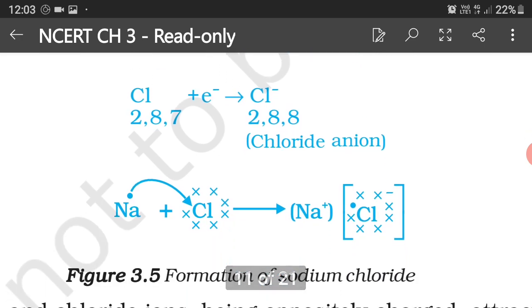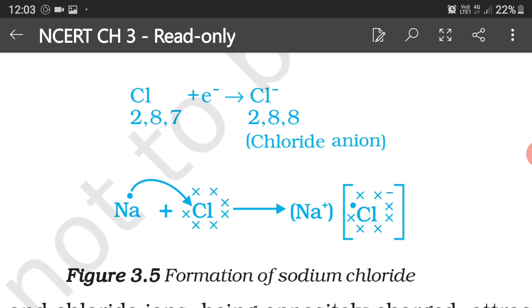And the last step we are showing is known as the electron dot structure or Lewis structure. You can see here, children, that sodium's 1 valence electron is shown here, and in chlorine, 7 valence electrons have been shown.